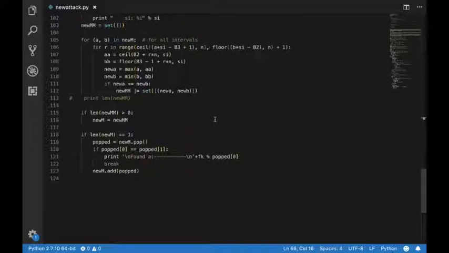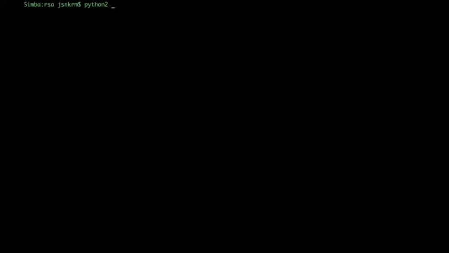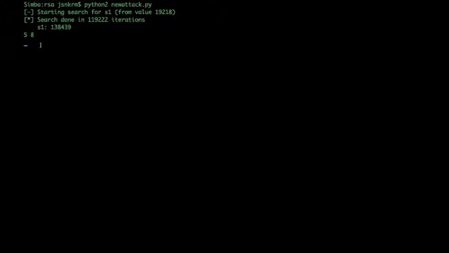So I will run this attack right now. I have put 2 breakpoints, or asked for user input, just to pause the running of the program.